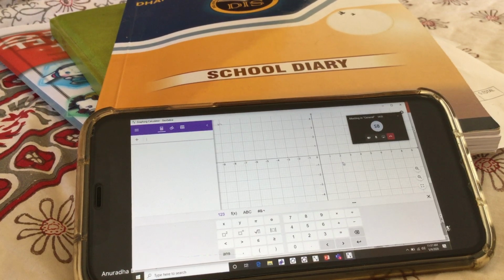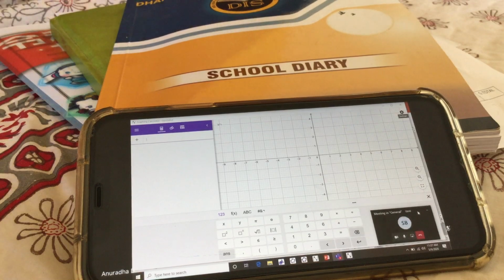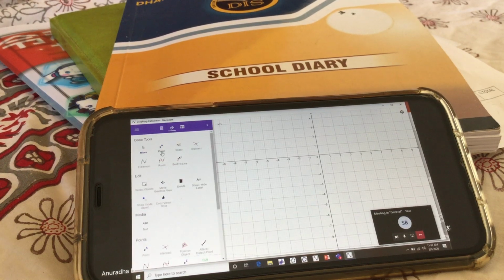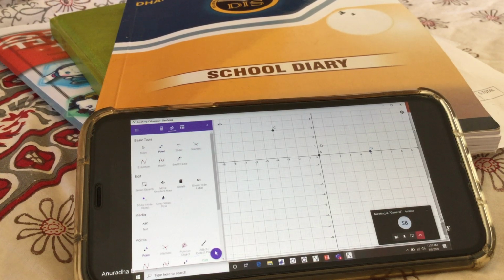If a graph sheet is available, it is of great help. To start with, even here we can bring in our geometry tools as well. You can talk about the origin, about a point on the axis, and about points in the different quadrants. So to start with coordinate geometry, you can talk about all that.